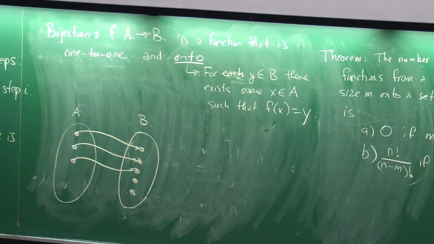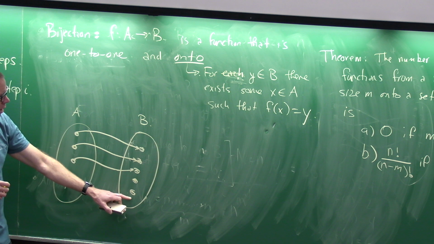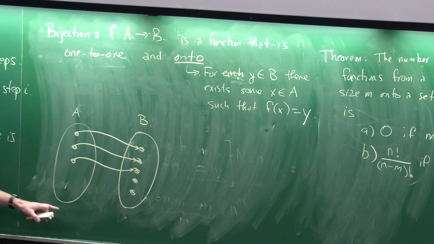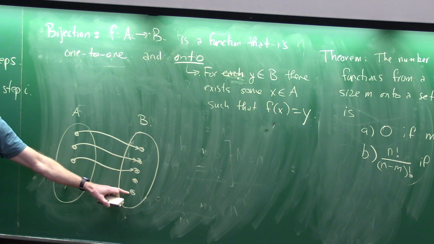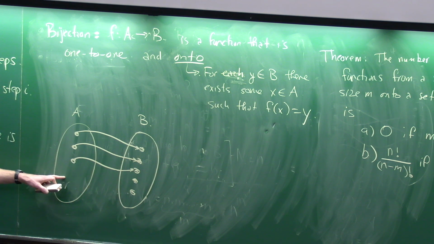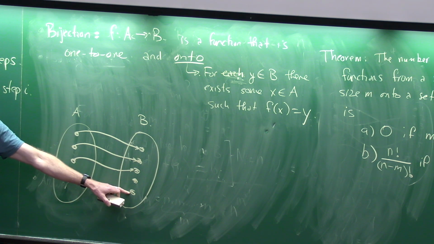Onto means that each element has at least one arrow coming into it. So this function that I've drawn here is not onto, because there are two counterexamples here. These are the y's, and I cannot find an x that maps onto those things.